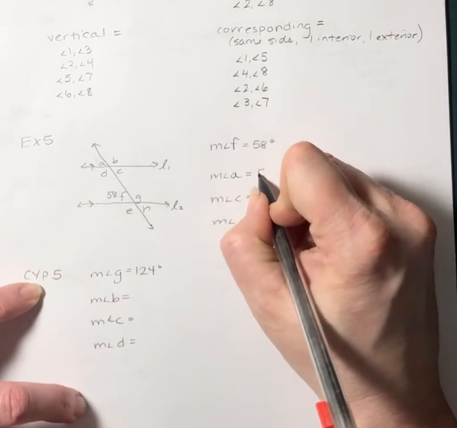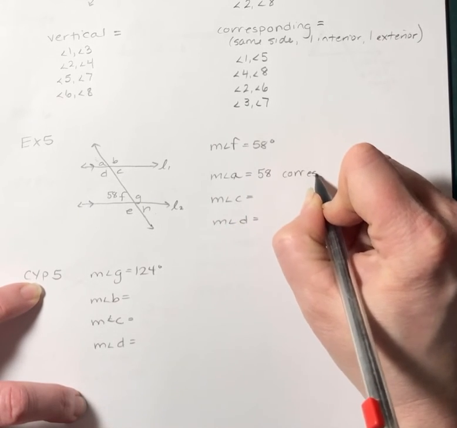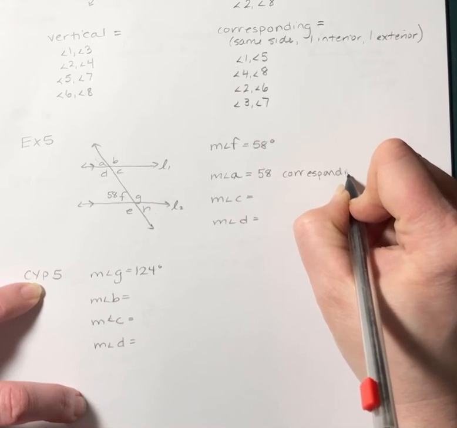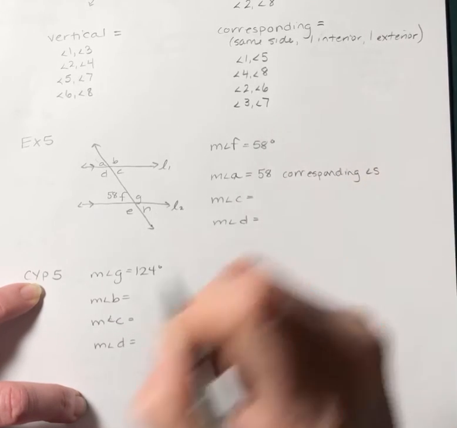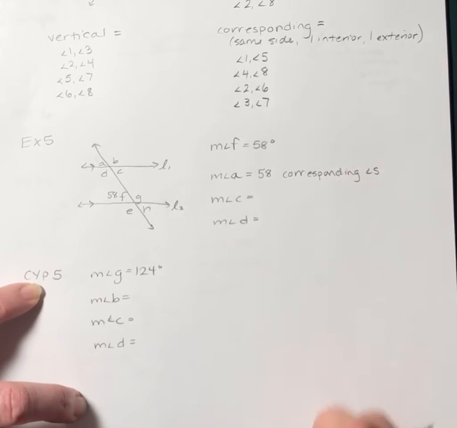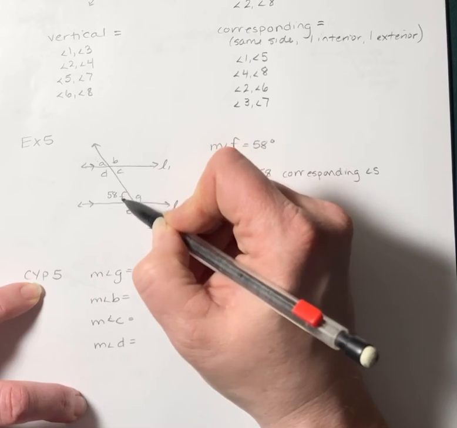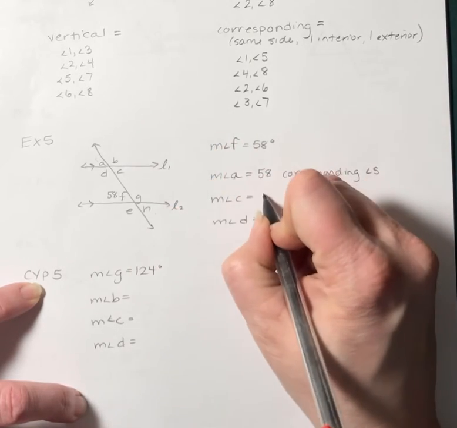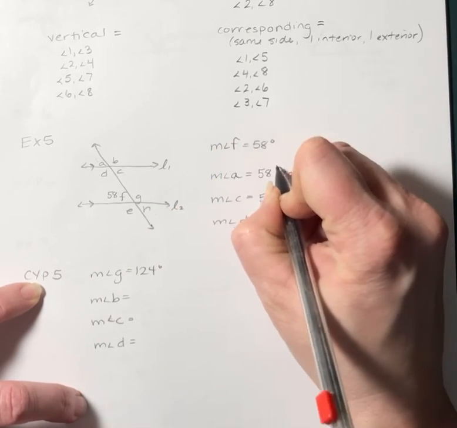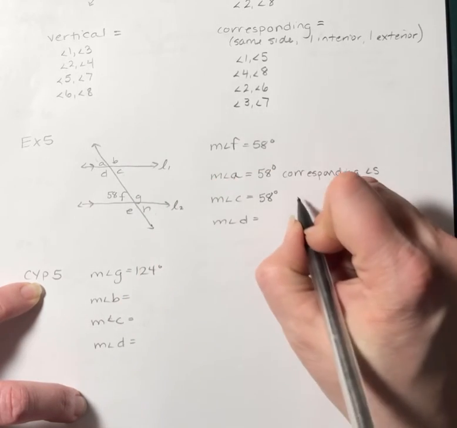So this is also 58 because of corresponding angles. And instead of writing out the word angles, you can write out an angle symbol with an S on it. And then angle C and angle F are the same. So angle C is also 58 degrees because those are alternate interior angles.